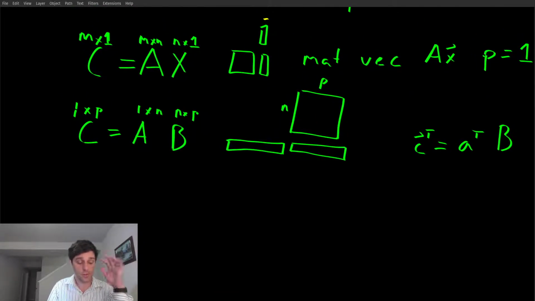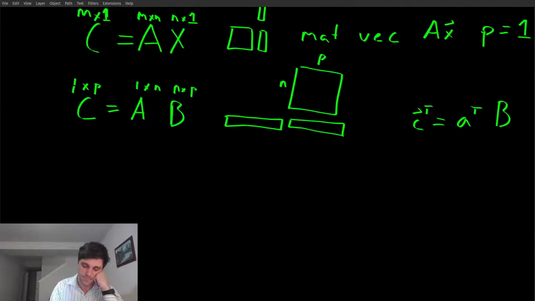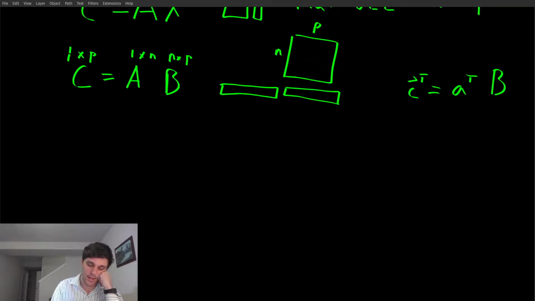Okay, so we look at the shape of it. If we shrink p to 1, we just get matrix vector multiply. If we shrink m to 1, we get a flipped matrix vector multiply, vector matrix multiply. What if we shrink n to 1 here?